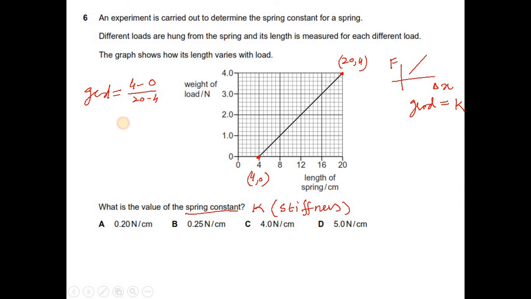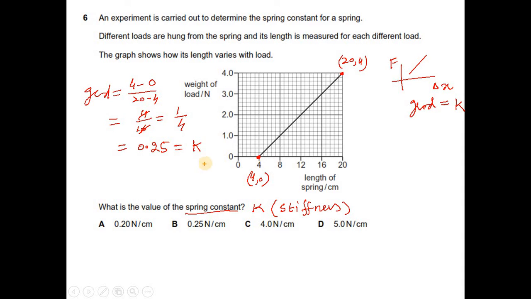So 4 over 16, which is 1 upon 4, and 1 upon 4 gives you 0.25. That means the gradient is 0.25, and this gradient is basically k, the spring constant.